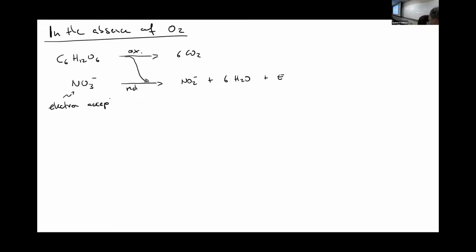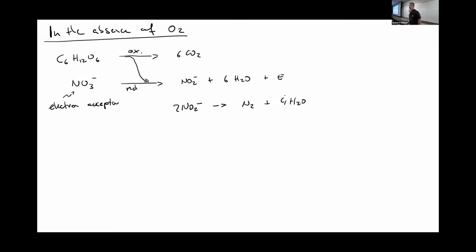So this doesn't quite end there, because then the NO2 minus keeps reacting to where eventually you have N2 in the gaseous form plus 4H2O.